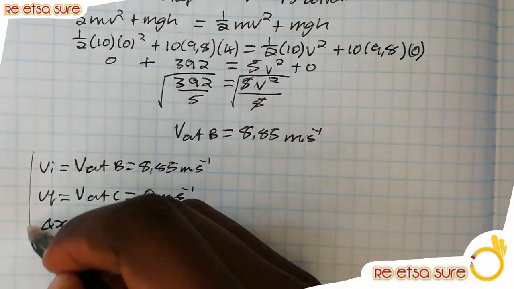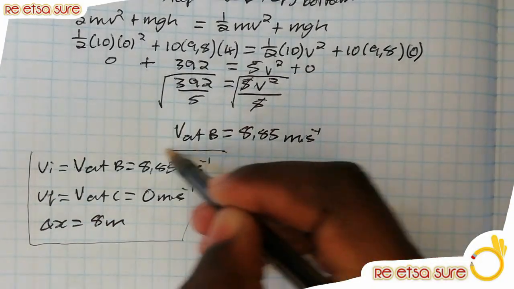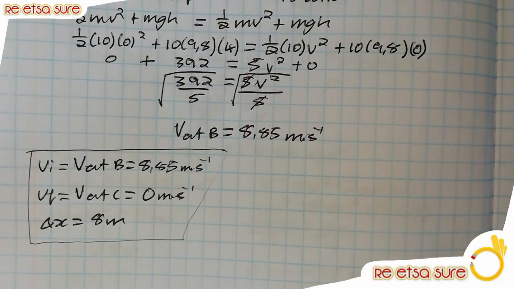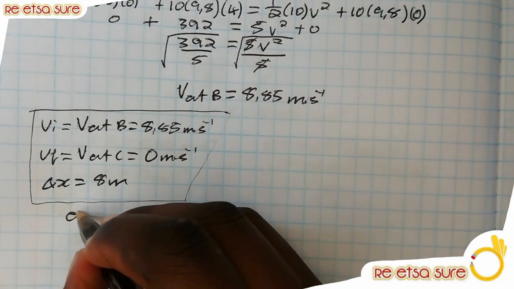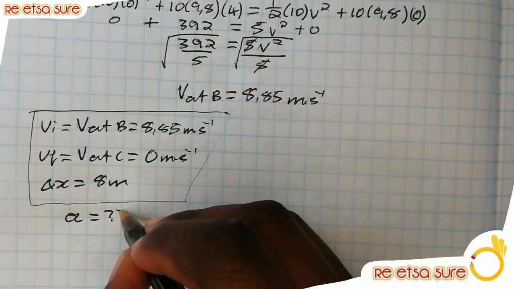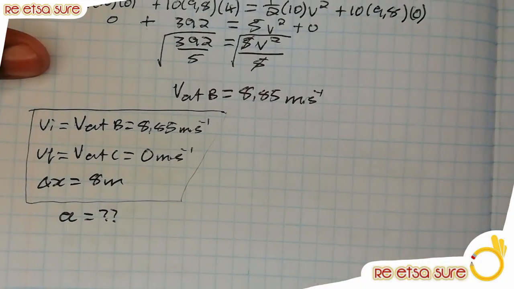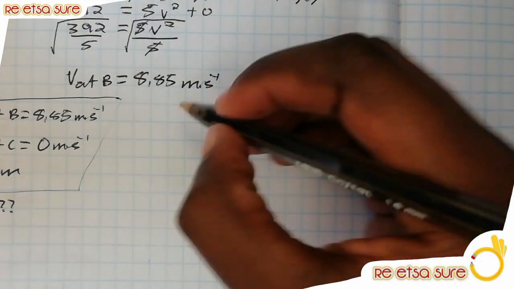From this information, we are going to use one of the equations of motion to calculate the acceleration of our object.